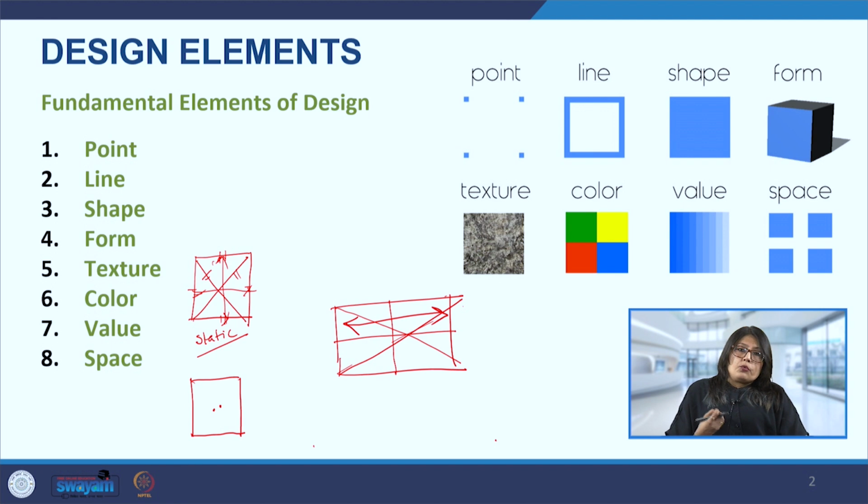Somebody who doesn't know that may consider it a manual error, that by mistake this point has moved from the center, because intuitively in a square picture plane we will look at the center, we will be focused on the center of it. So in a square picture plane it becomes very important that whatever elements we are adding have that deliberate movement, so it appears that there was an intention when the element was added, rather than appearing to be a mistake or a manual error.